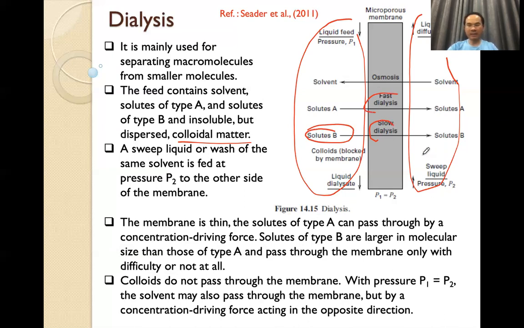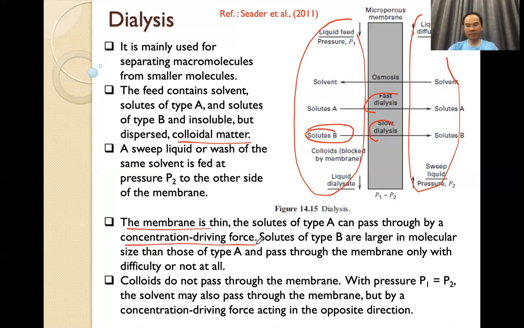Then we have the sweep liquid, which carries the solute; we call it the diffusate. We use the liquid to sweep the solute or solvent toward the permeate side. The membrane is thin, so solute A can pass by the concentration driving force.